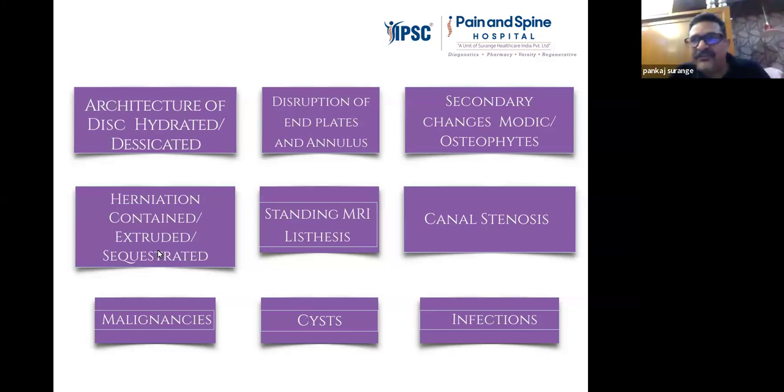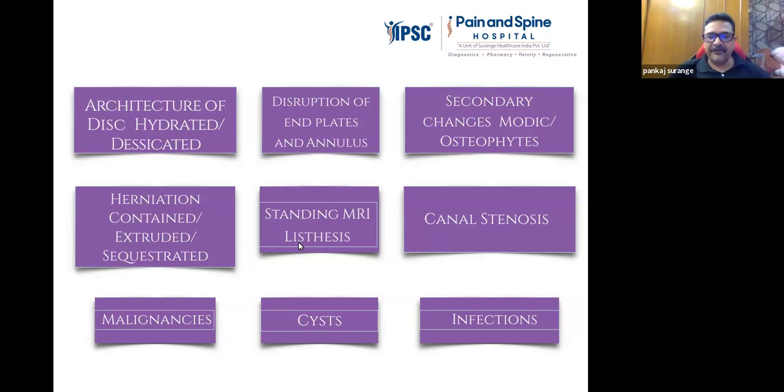Standing MRI for listhesis is not always required because listhesis we can easily make out on the X-rays. But if you have the facility of standing MRIs, in case of critical stenosis, there are some patients who may come with old age or multiple morbidities and are not fit for fixation surgeries.